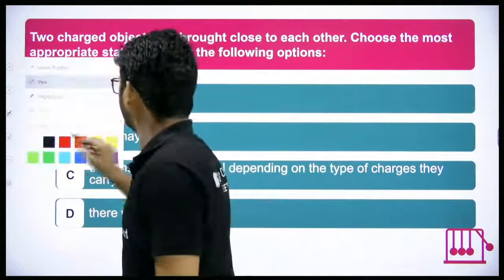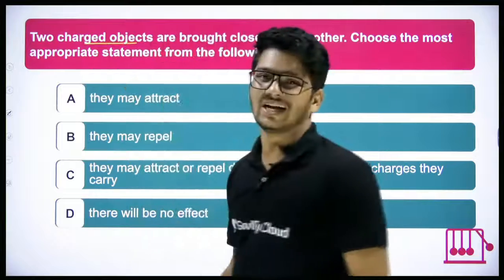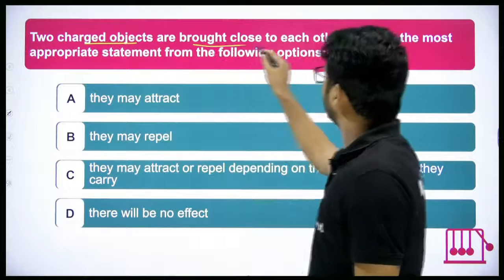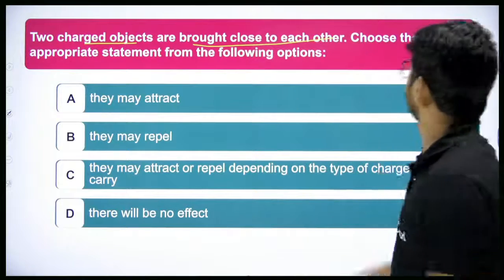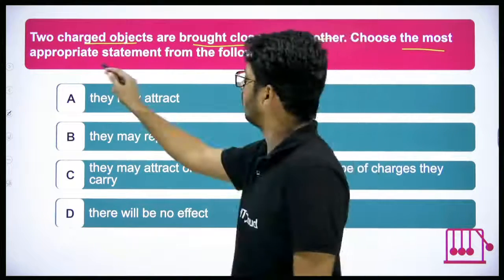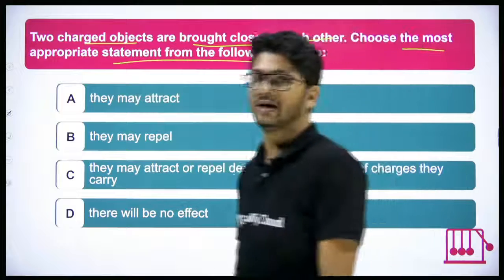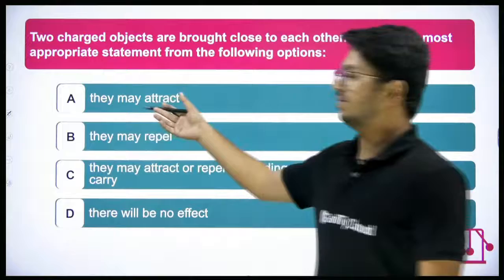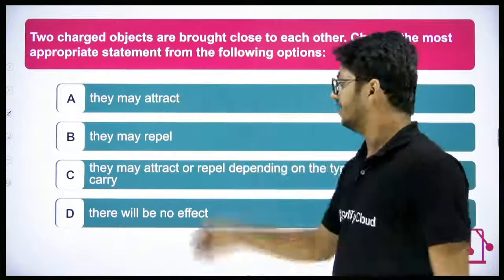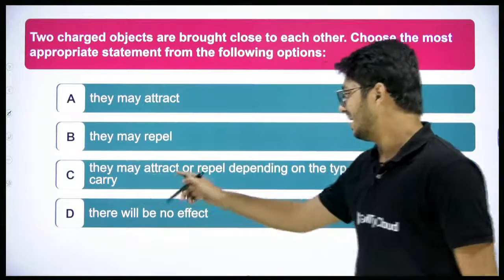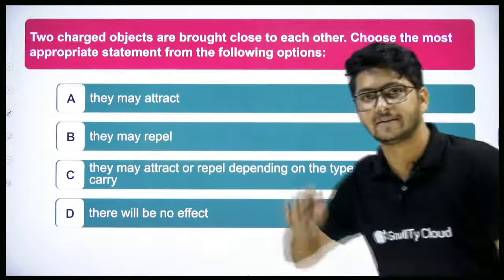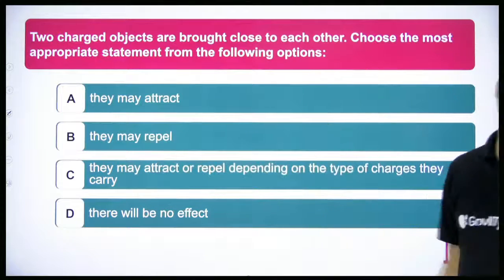Two charged objects. Imagine two of them charged are brought close to each other. Choose the most appropriate statement from the following options. The objects may attract, may repel, may attract or repel depending on the type of charges they carry, or there will be no effect.